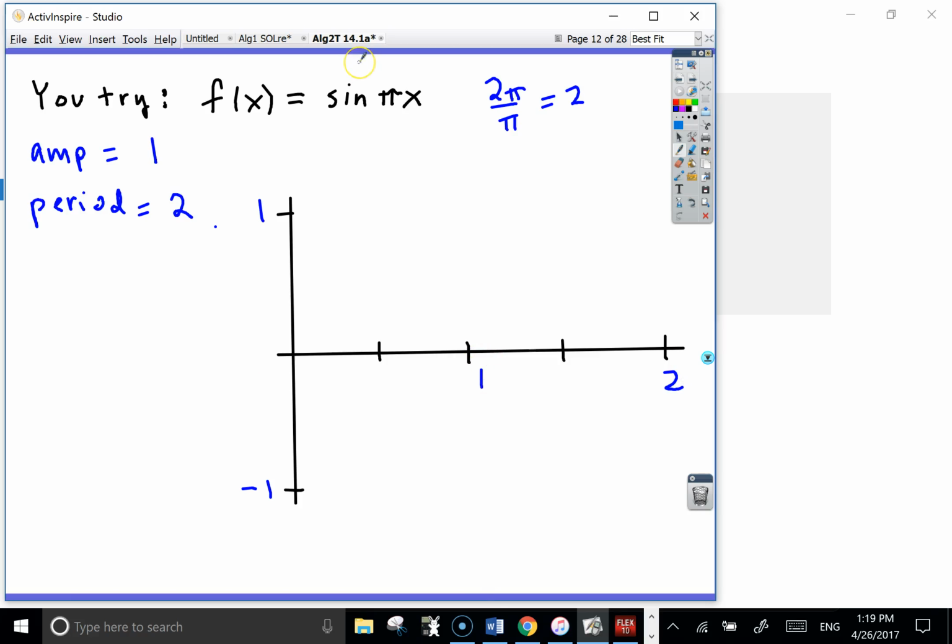Okay, this is a sine function, so sine starts at 0, goes to its maximum, back to 0, to its minimum, back to 0. Okay. So here we go. Next.